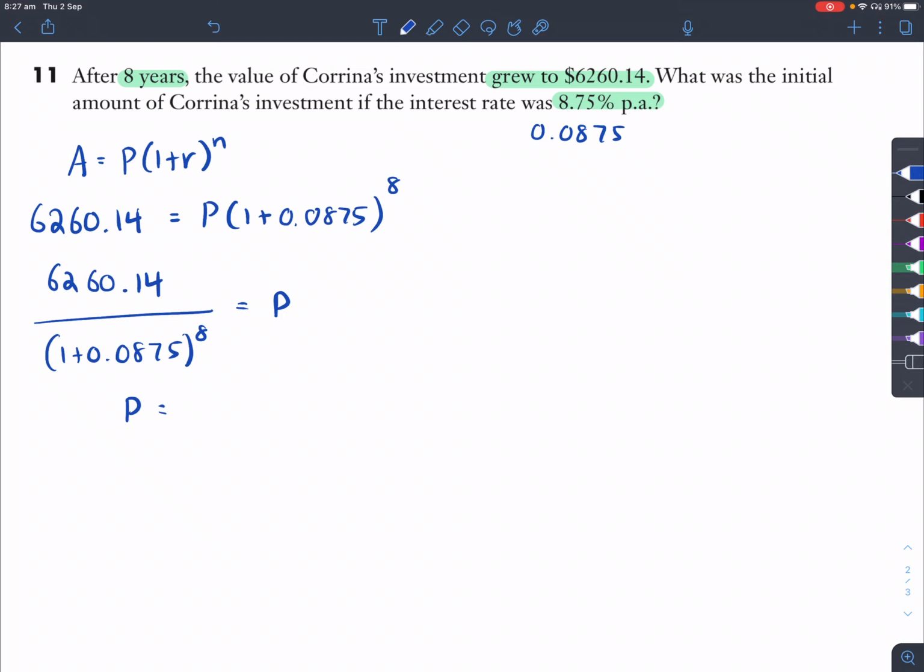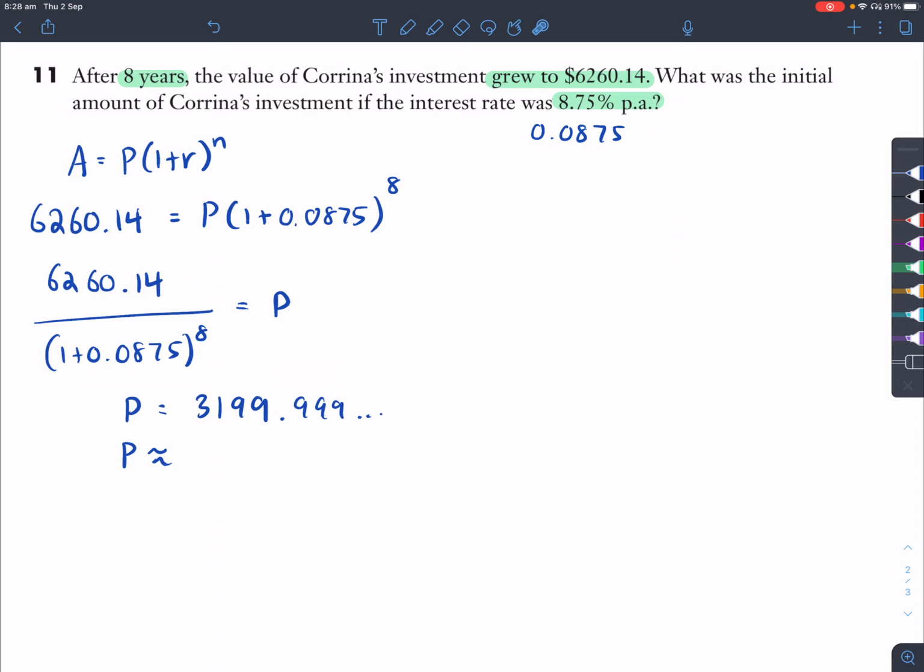So I got 3199.999. I'm just going to write three decimal places and then round it to two. You'll notice that because it ends with 999, the third number being 9 would round the number up to the next number, and then that would round up the next, and so forth.